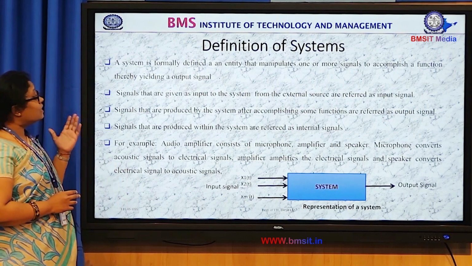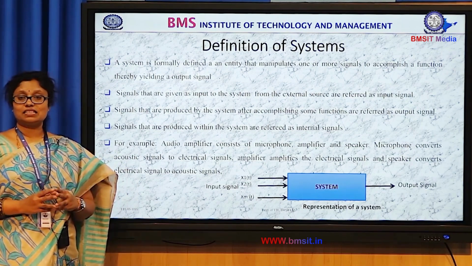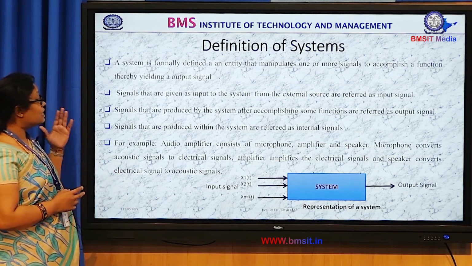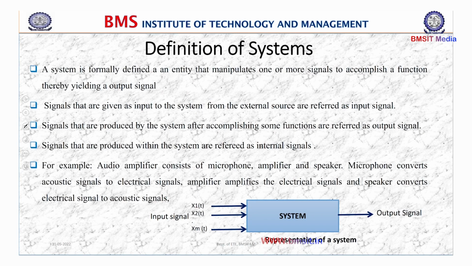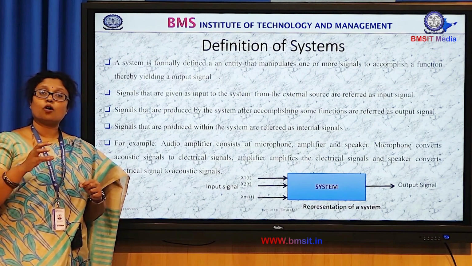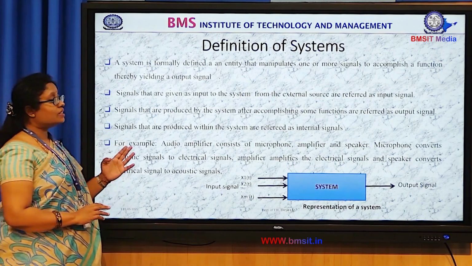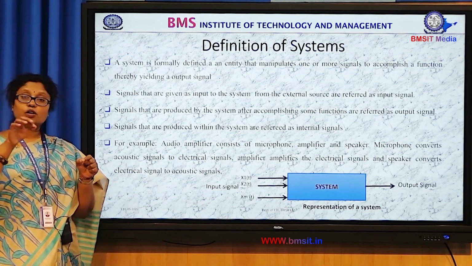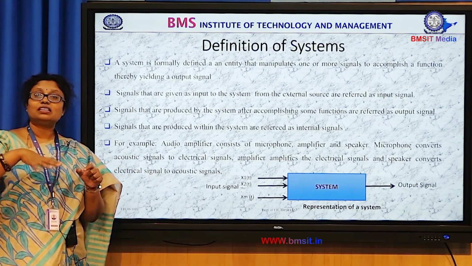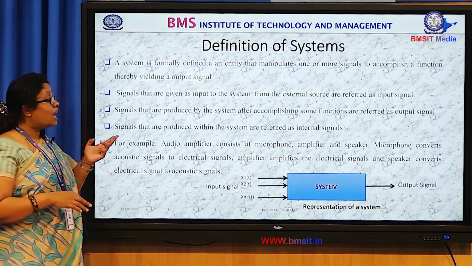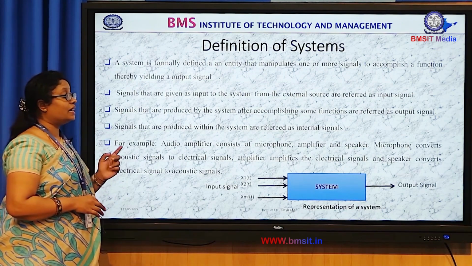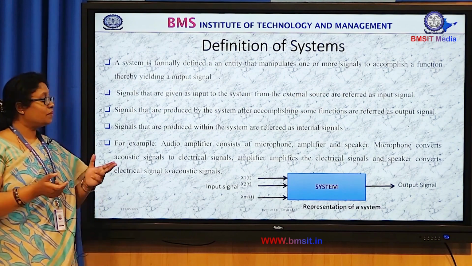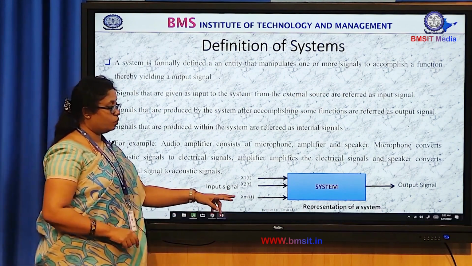The signals given as input to the system, we generally refer to as input signals. Secondly, the signals produced by the system after performing some operation on the signal are called output signals. And the signals produced within the interconnection of systems, we refer to as internal signals. The connection between the signal and system can be represented as shown in the block diagram.